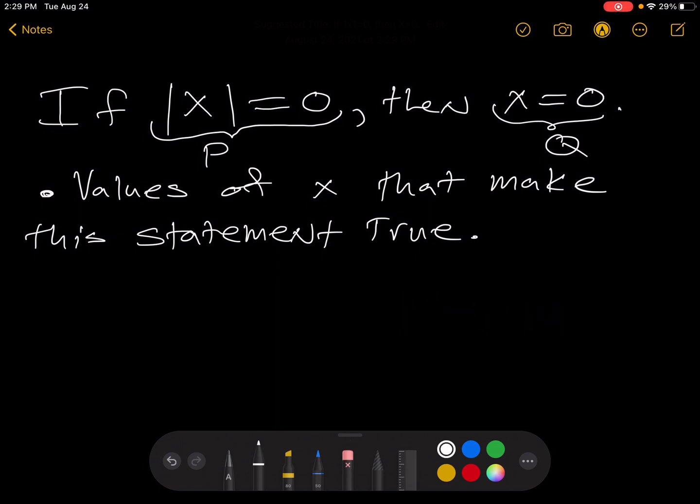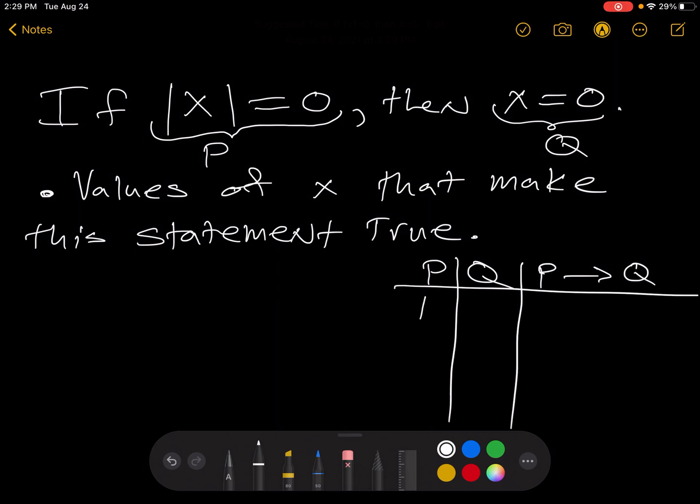So let's start by writing out our definition of P implies Q. P, Q, P implies Q. Now we want values of x that make this statement true.